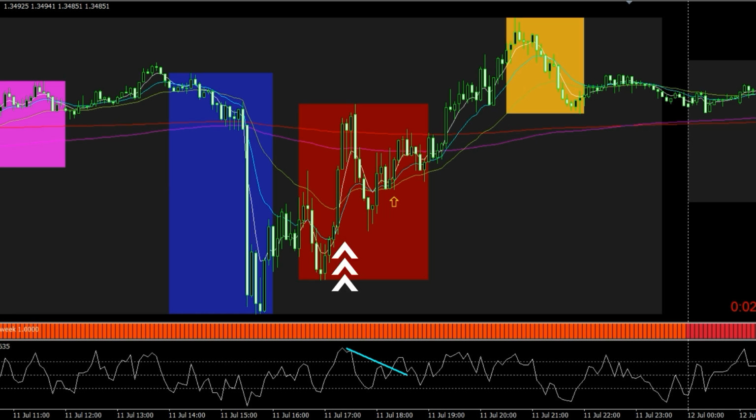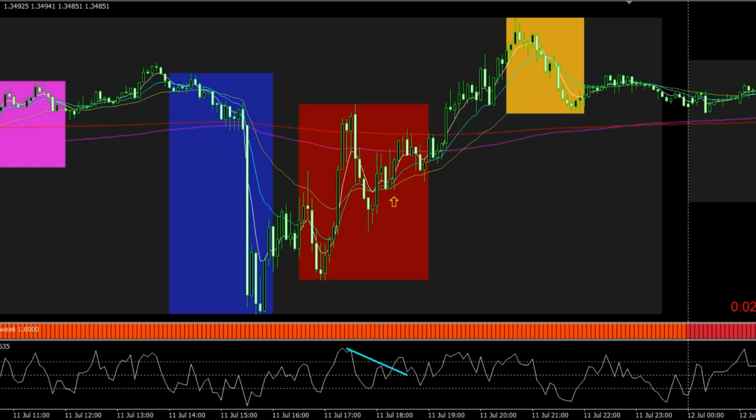Once the 5 EMA crosses here and then retraces back, now you have one of the humps on the RSI. Then price moves up again and the 5 crosses the 13 one more time, creates a second hump. Then we draw our trend line, and once price crosses this trend line, that's when you can enter.